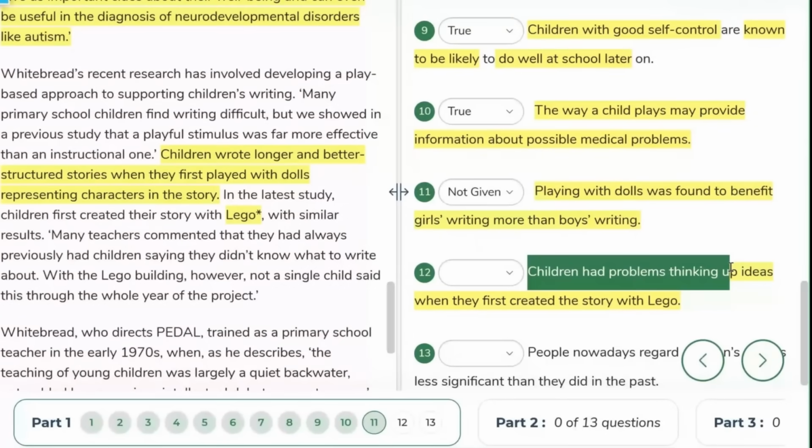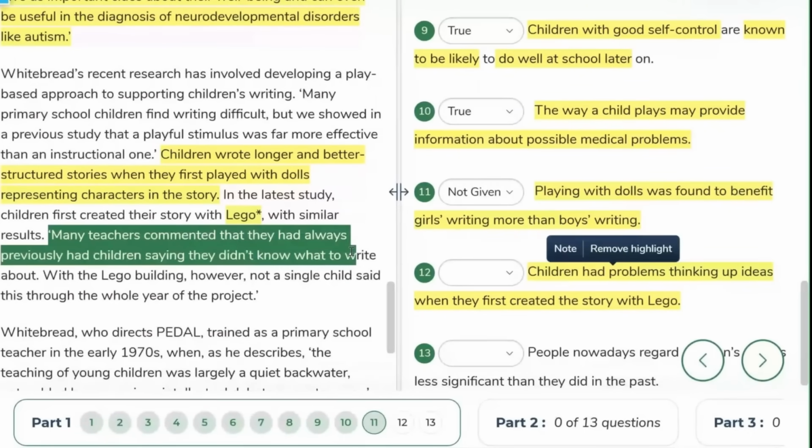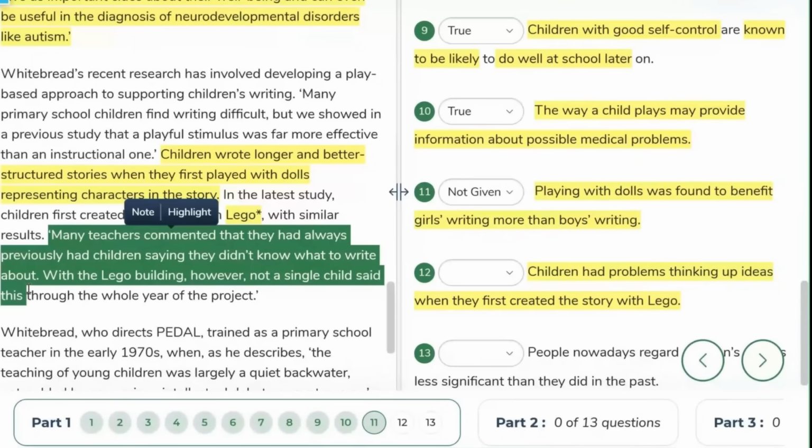Now, let's go on. They say, many teachers commented that they had always previously had children saying they didn't know what to write about. With the Lego building, however, not a single child said this. What does it mean? Children had problems thinking up ideas when they first created the story with Lego? No, they did not.